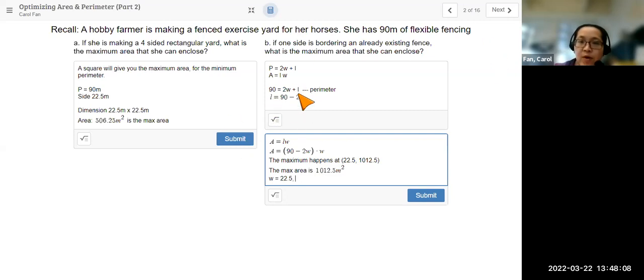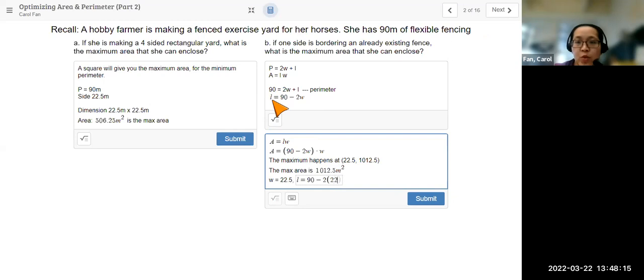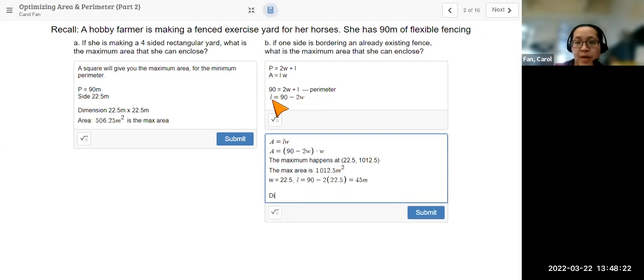Length, we had defined it as this. So now length is equal to 90 minus 2 times 22.5, and we get 45. So 22.5 meters by 45. Okay, so this is what we talked about yesterday, using a graph to help us answer questions, to find the maximum or the minimum.